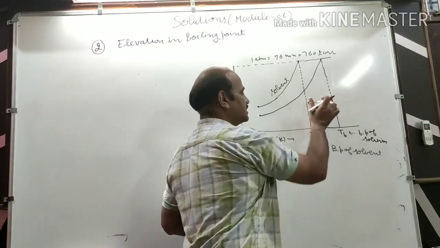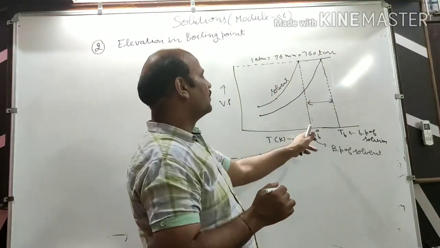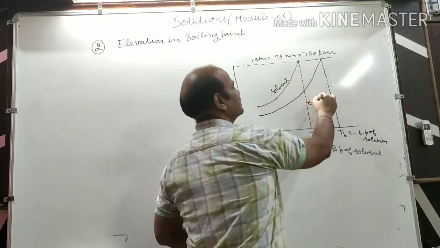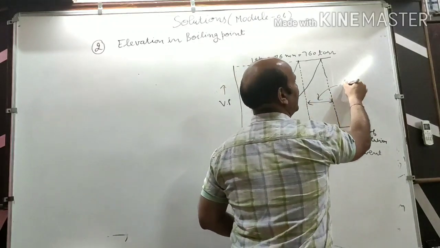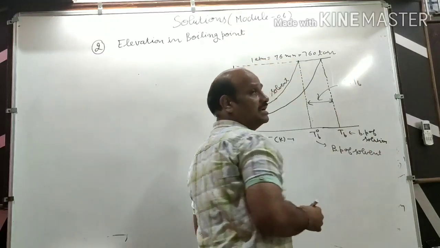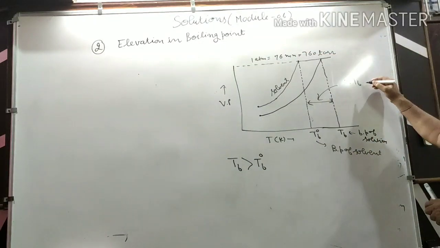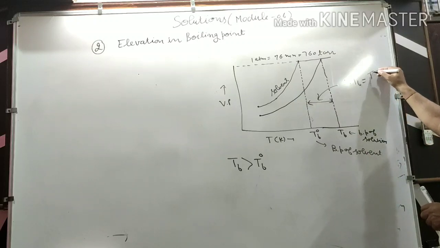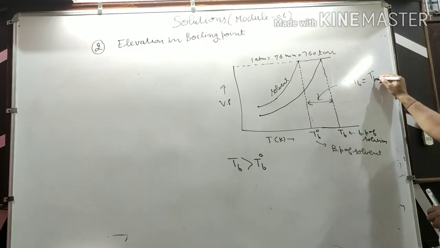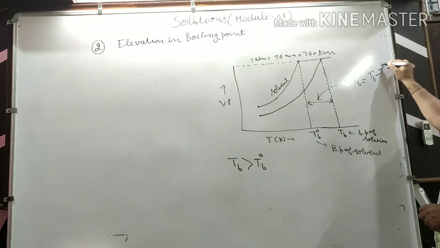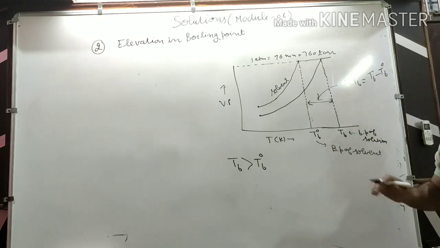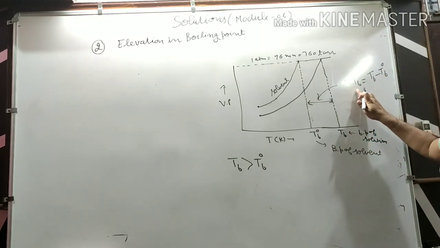And this difference TB minus T naught B, that is delta TB. And delta TB, what is it? It is elevation in boiling point, and it is equal to final TB minus T naught B. Elevate means that will be increase.